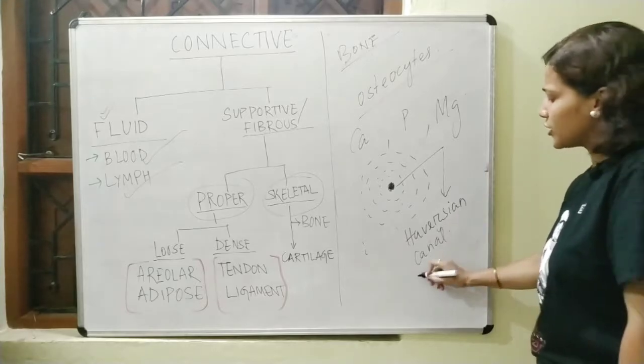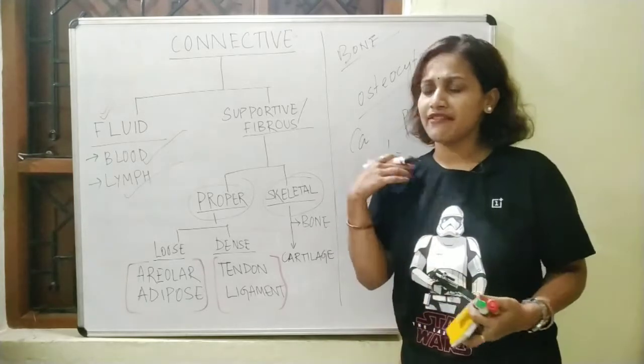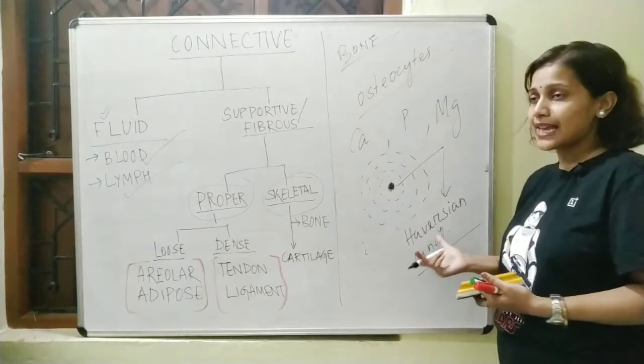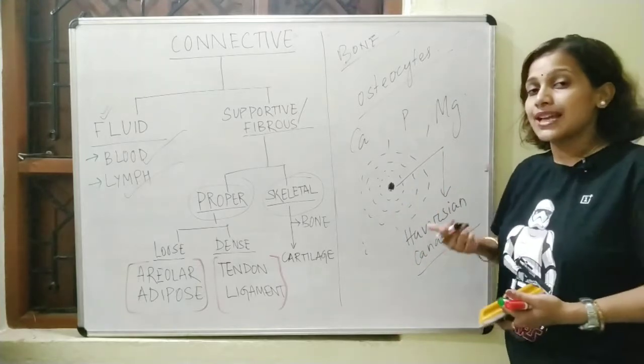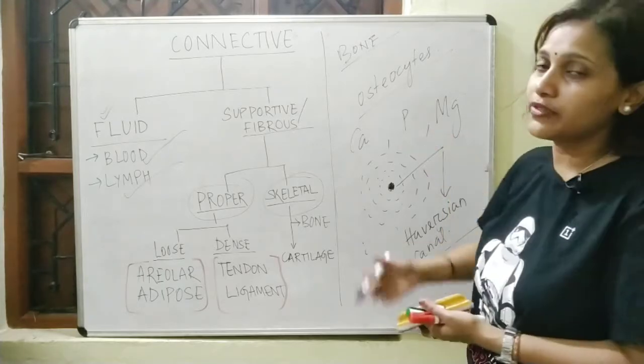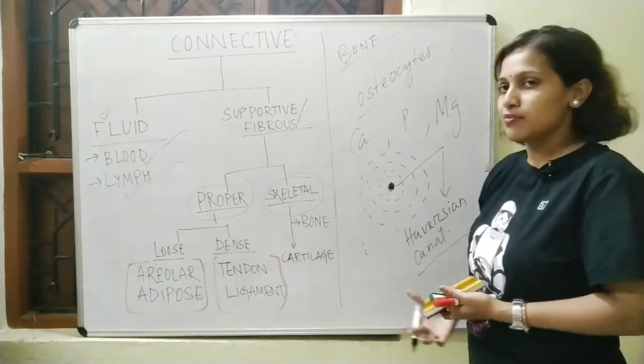You can check in some of the books they have mentioned, in some they haven't, but sometimes they mention it only in the diagrams, but questions do come. What is the Haversian canal, or where is it located, and which type of tissue will you find it in? So the answer is bone.